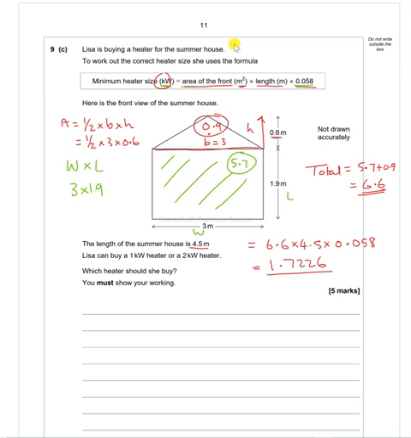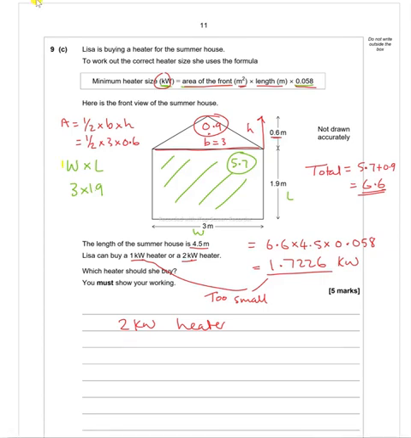Right, Lisa can buy a 1 kilowatt heater or a 2 kilowatt heater. That gives our answer in kilowatts. So look, 1 kilowatt's going to be too small. So she'll have to buy the next size up, so she has to buy a 2 kilowatt heater. So there's a lot going on here.